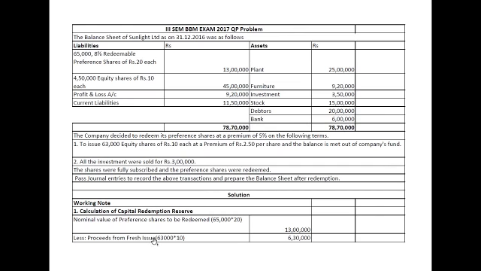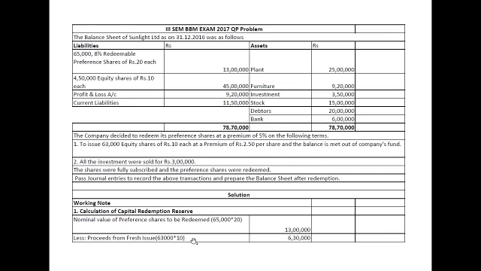when you go for a fresh issue of equity shares, you will receive 6,30,000. In case of fresh issue also, you have to take only nominal value. Here equity shares are issued at 10 each. Even though there is a premium, the premium amount will be transferred to securities premium account, so that will not be considered here.